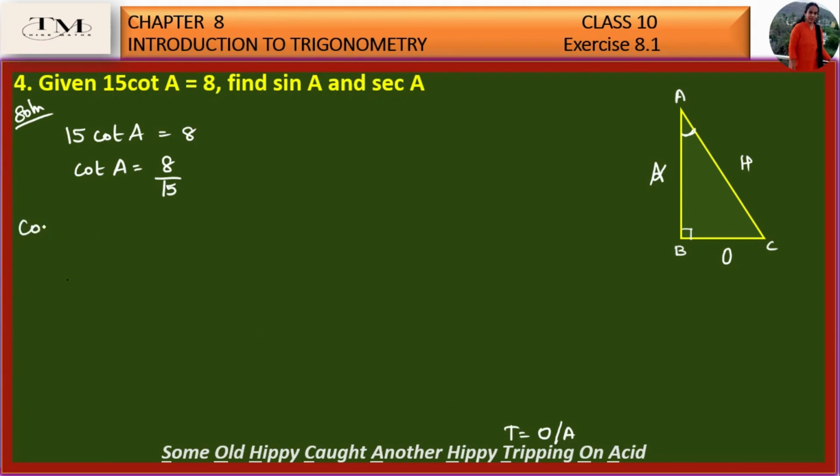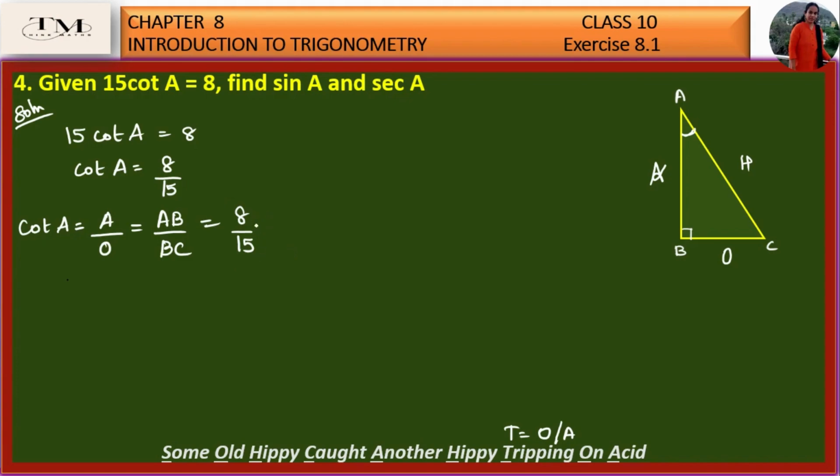So cot will be the inverse, A by O, adjacent by opposite side. Which is the adjacent side? AB. Which is the opposite side? BC. So it is given as 8 by 15.